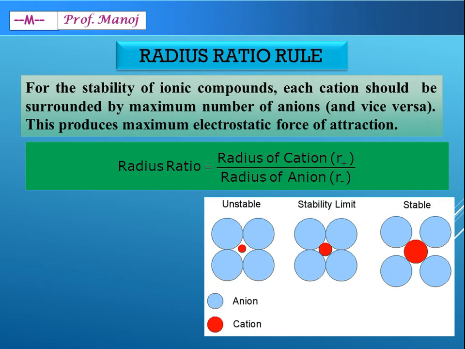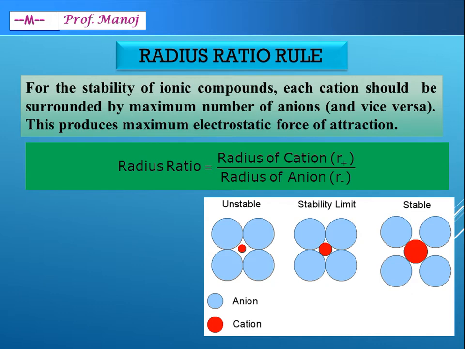Imagine different cases of these radii. Suppose in the first diagram, the blue circles are anions and the red circles are cations. In the first system, you can see a very small cation placed in the void space of 4 anions. Slowly in the diagram, we are making the size of the cation larger than the original one. In the last case, you can see the cation has become so large that it has occupied a larger space.